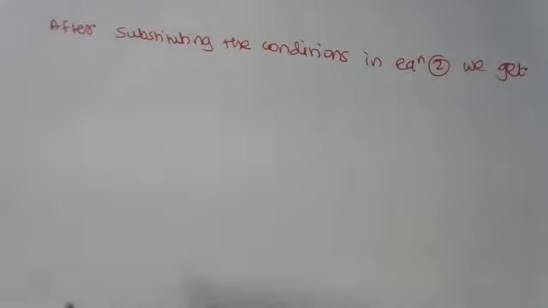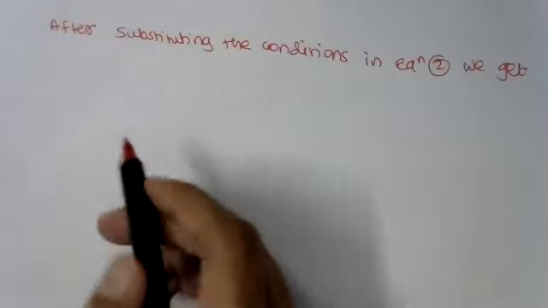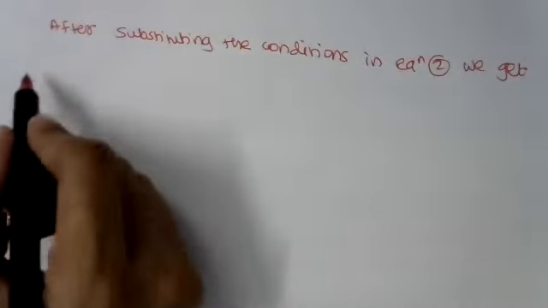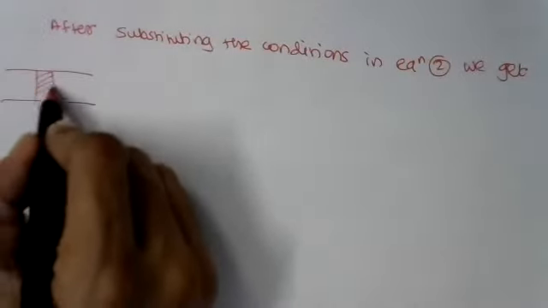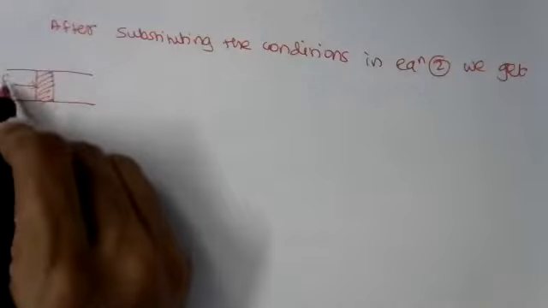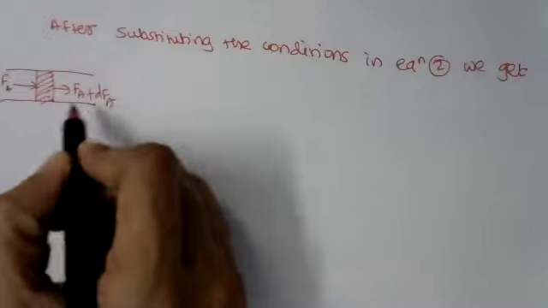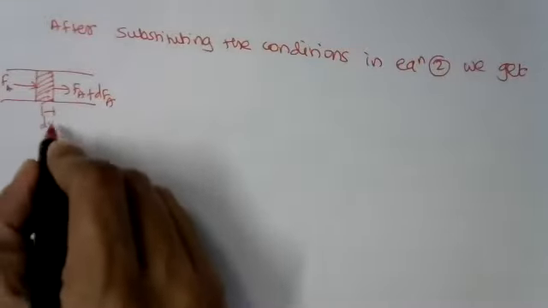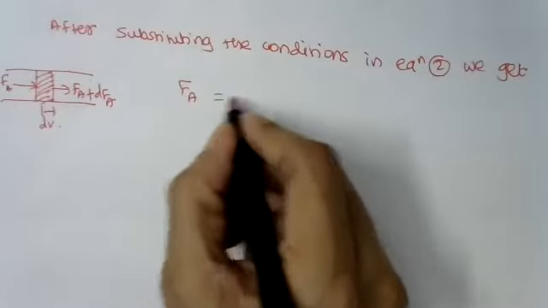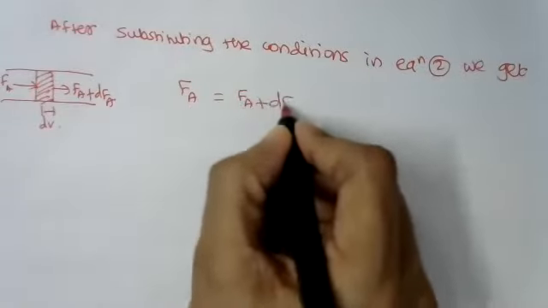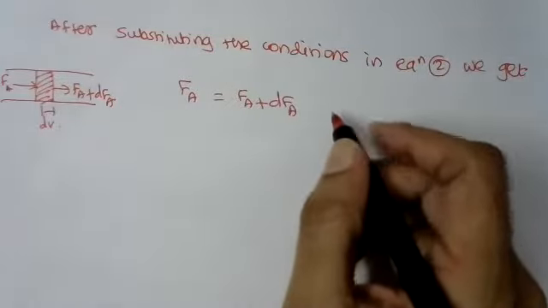So I hope you remember the first term on the LHS was the rate of input. Now once again, let us consider this figure. The input is Fa, the output is Fa plus dFA, and the only term remaining is the rate of disappearance.